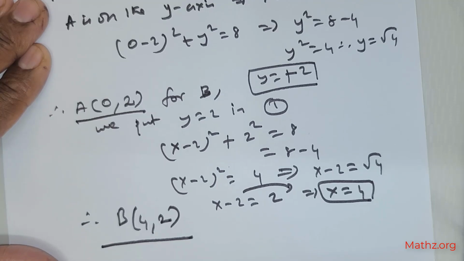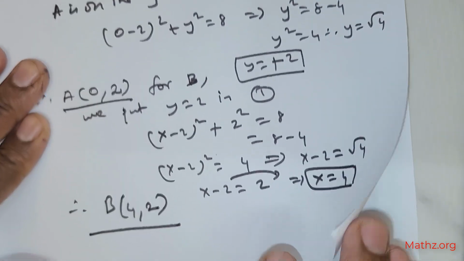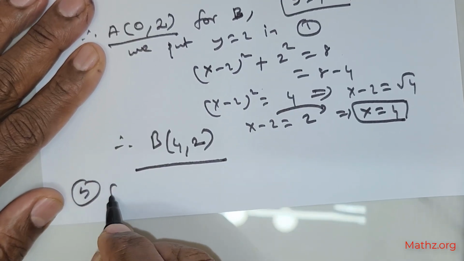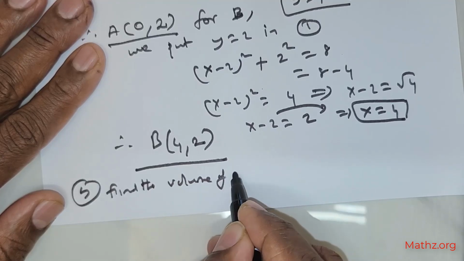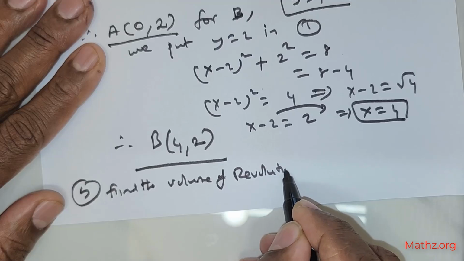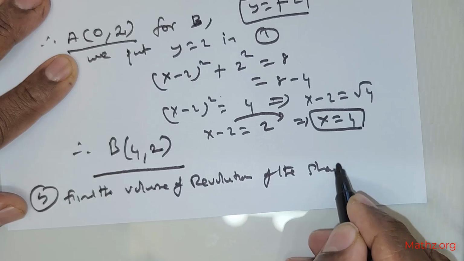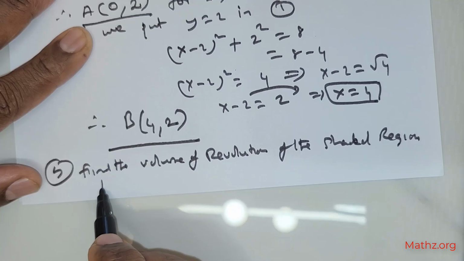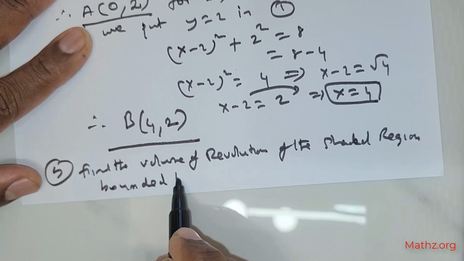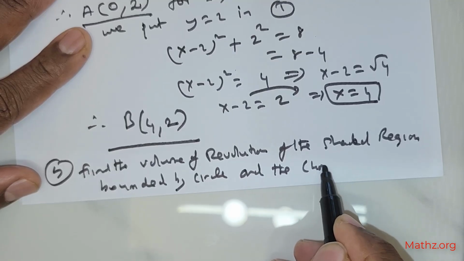Now we have the next part. For the next part, let me just write the question for you. Okay, find the volume of revolution of the shaded region bounded by circle and the chord AB.